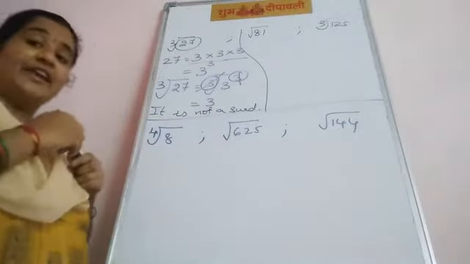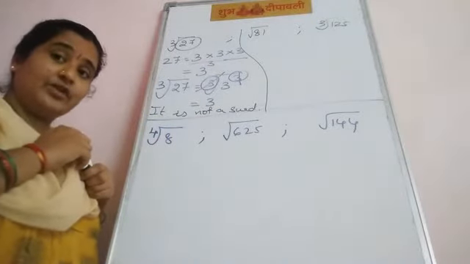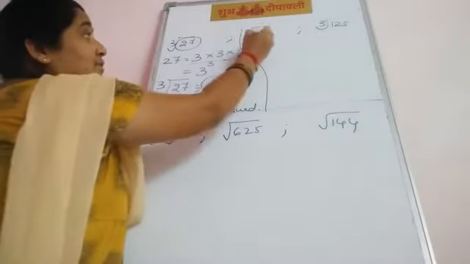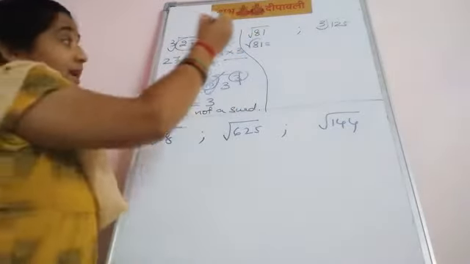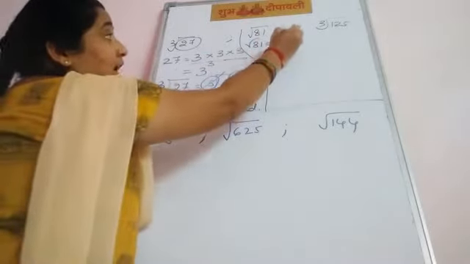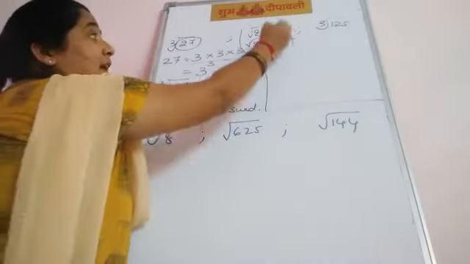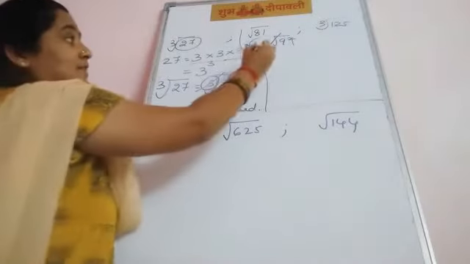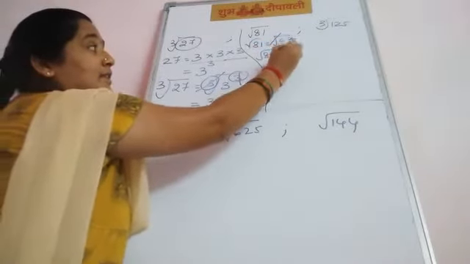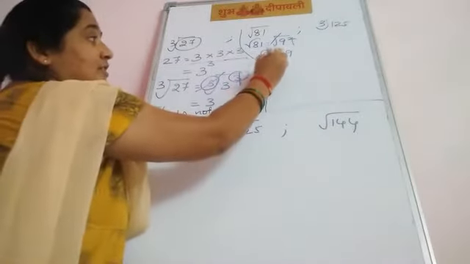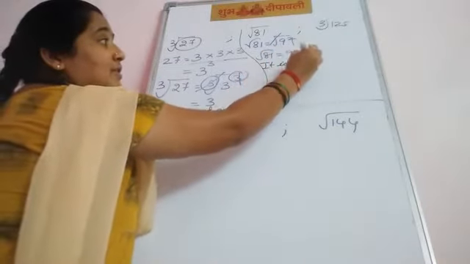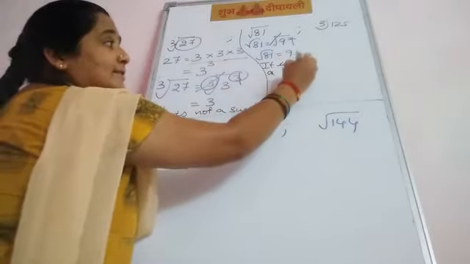Square root of 81. What is the value of square root of 81? Square root of 81 equals square root of 9 square, since 9 nines are 81. Square and square root get cancelled. Square root of 81 equals 9. So this is also not a surd.